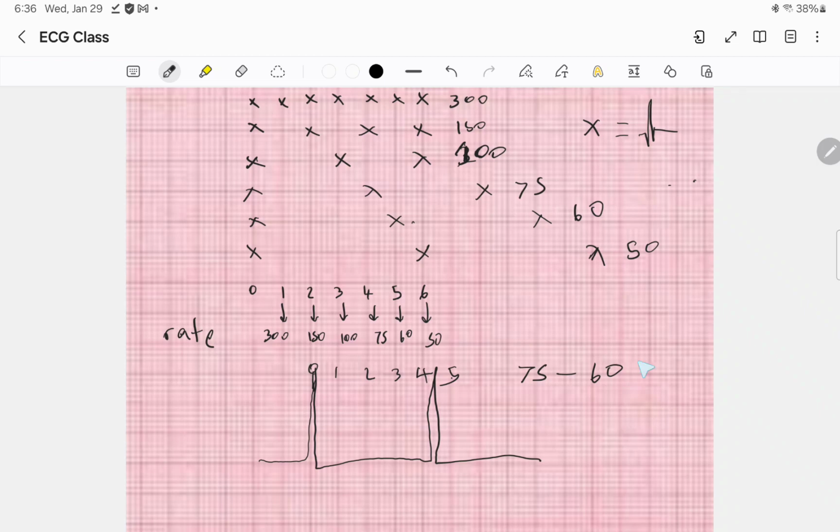So automatically I know that this heart rate is somewhere between 75 and 60. So I could say, okay, this patient has a heart rate of approximately 68 or 69 beats per minute.